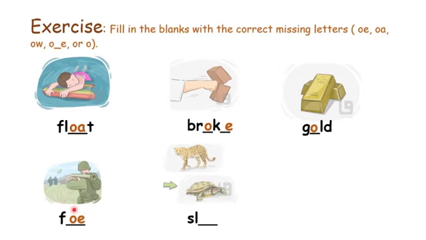Excellent. OE. And the last word is slow. Slow. What should we write? OW here. Excellent. Because we know that OW usually comes at the end of the word.